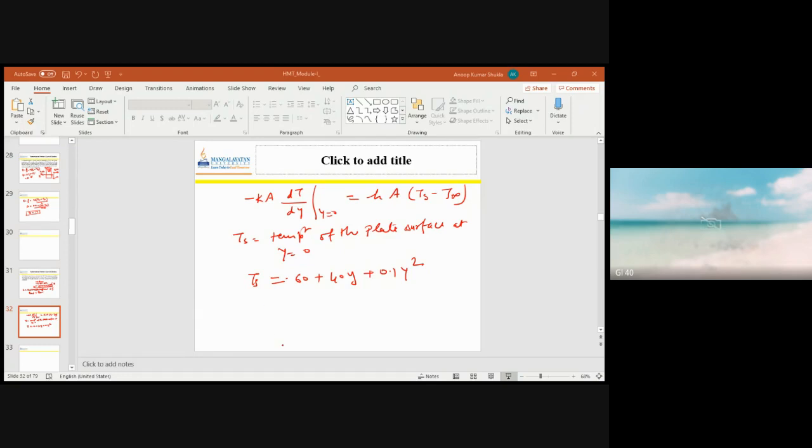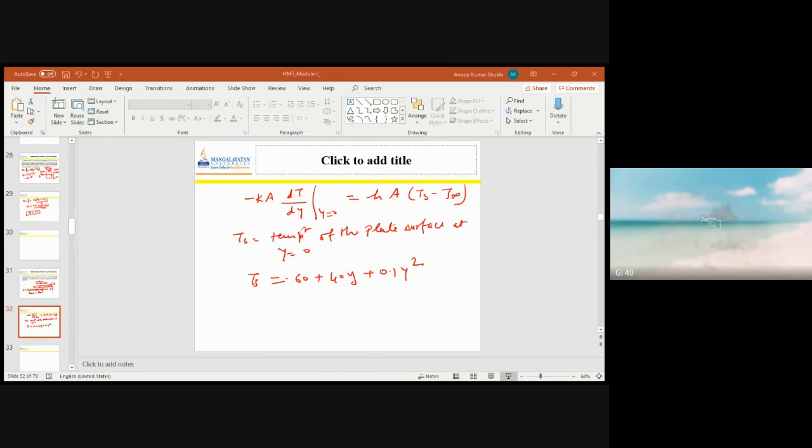So dT upon del y is 40 plus 0.1 into 2y, and at y equal to 0 again you will get 40 degrees Celsius at y equal to 0.